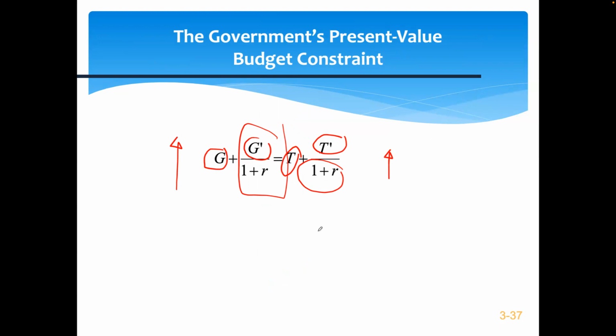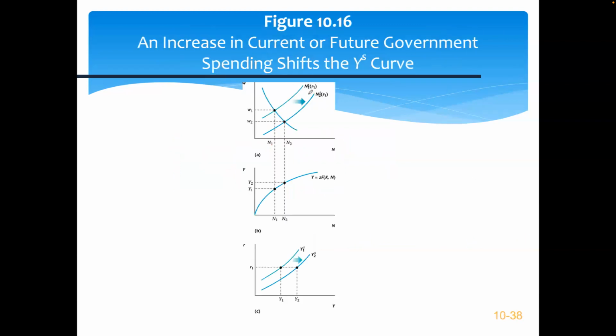If tax increases, the households' income or their wealth is going to decline. That implies they are going to reduce leisure, which implies they are going to supply more labor. So that's exactly why this labor supply is going to shift to the right. When it shifts to the right, equilibrium labor supply is going to increase, and output is going to increase. Hence, the total output supply is going to shift to the right when the government increases spending.